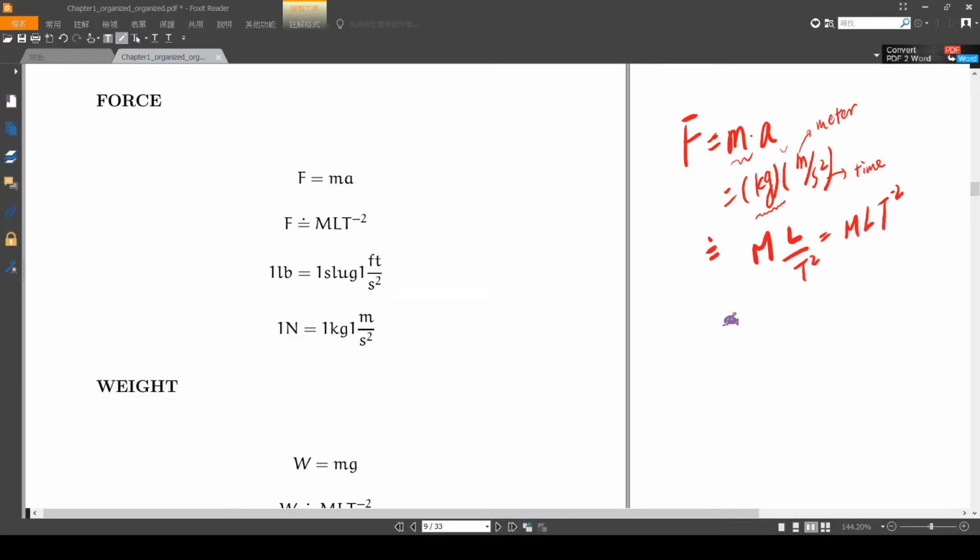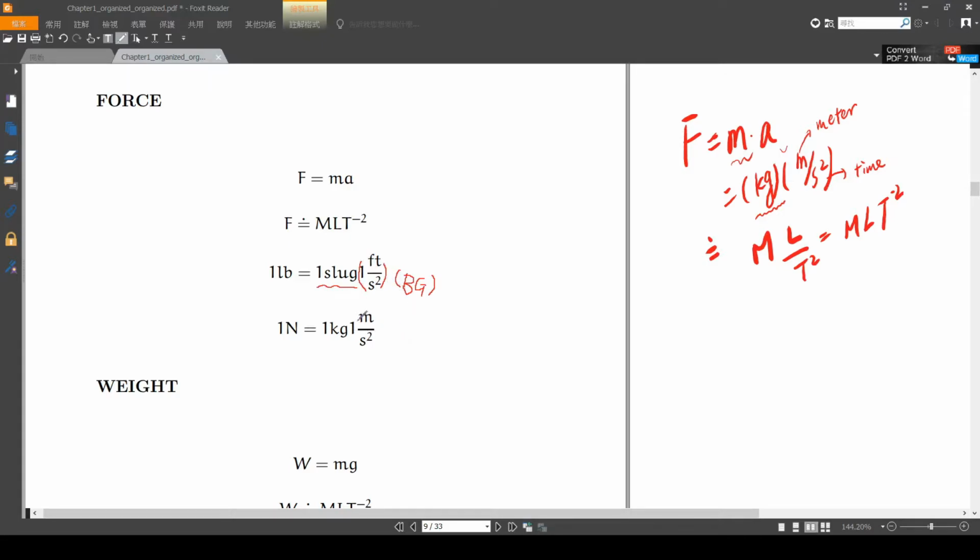And for the BG system here, this is the BG system. We will call it like what we just wrote about. This is the mass in the BG system, a slug, times the acceleration, the foot per second squared.